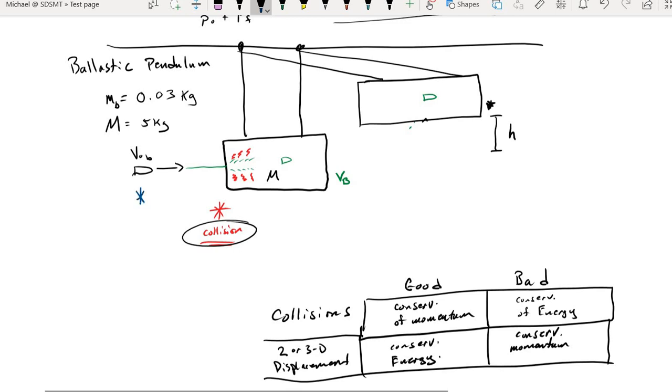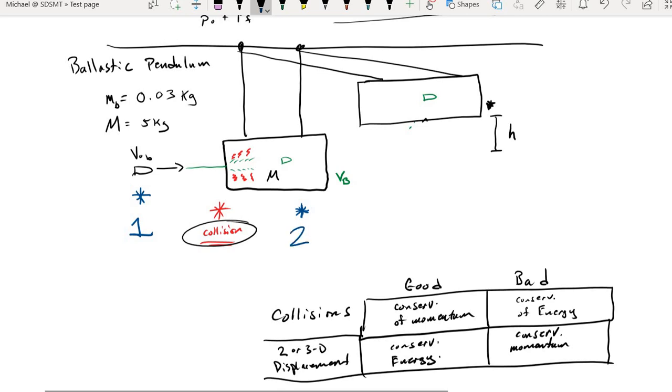I'm going to call this spot location 1. I should explain what location 1 is. This is going to be the system before the bullet collides with the log.